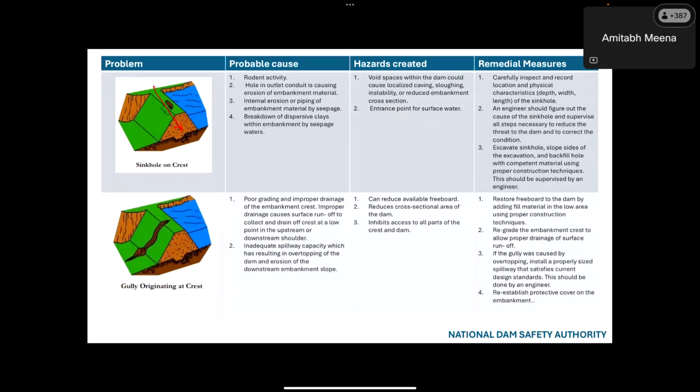See, in this diagram, a gully was created. This may be due to poor grading or improper drainage of the embankment crest. I mean, proper grading of the material may be one cause, or improper drainage.